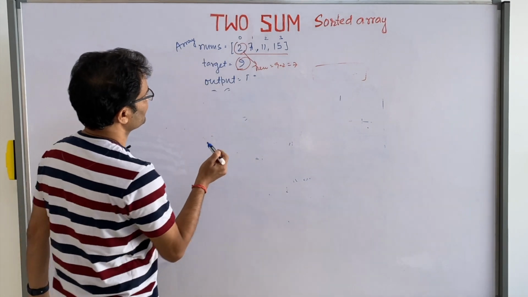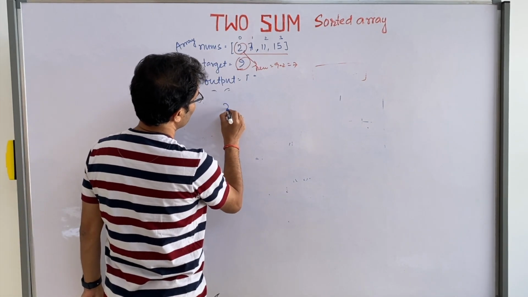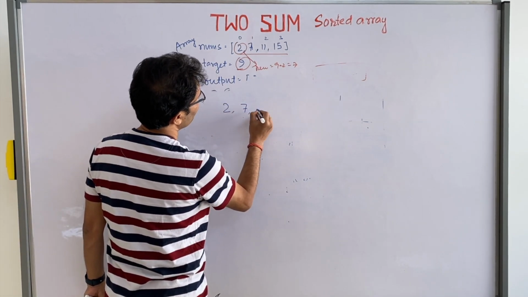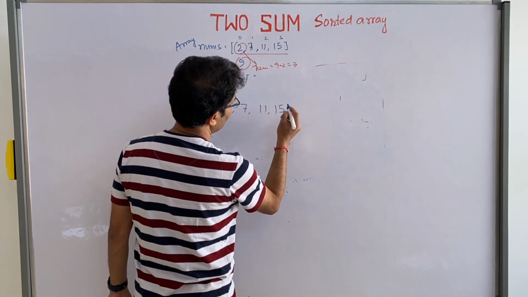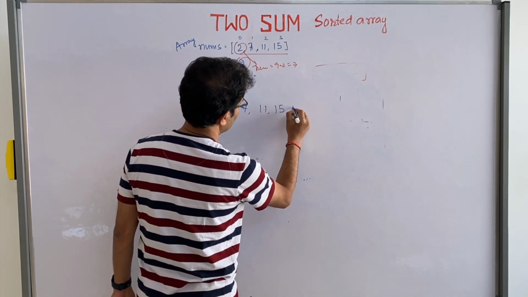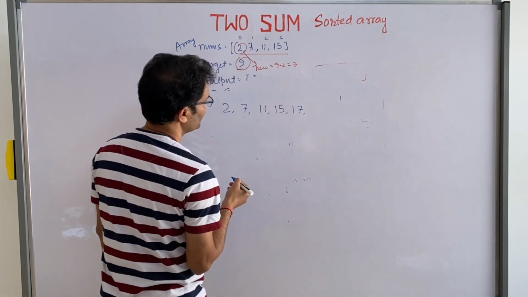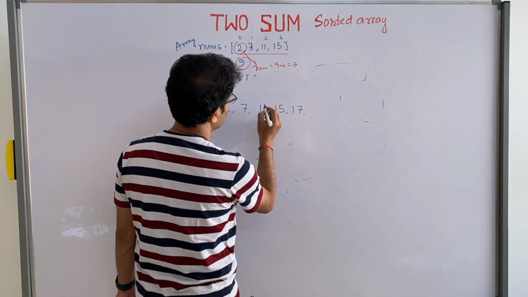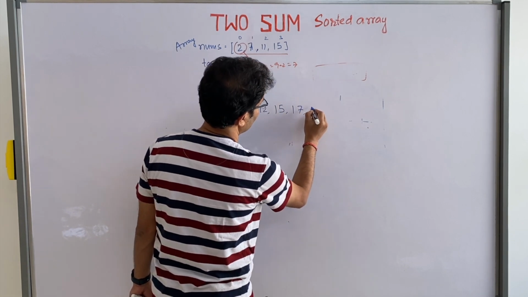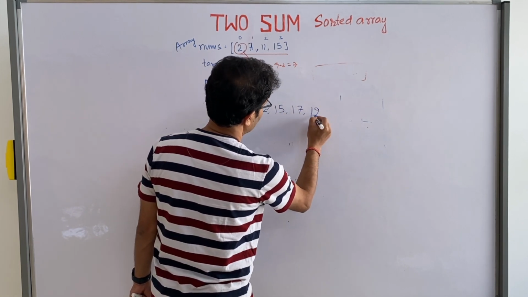So carefully you can see here. Suppose you have the array 2, 7, 11, 15, or any number you can take, like 17, or suppose 12 and 19.